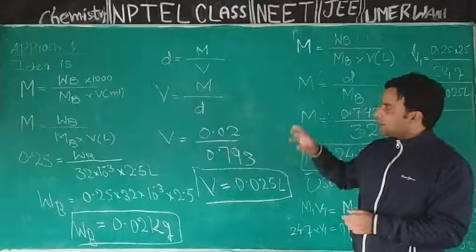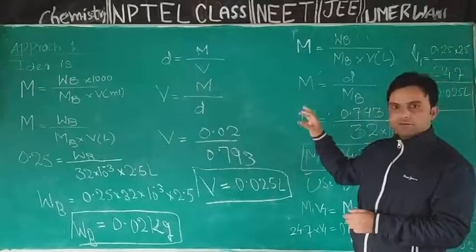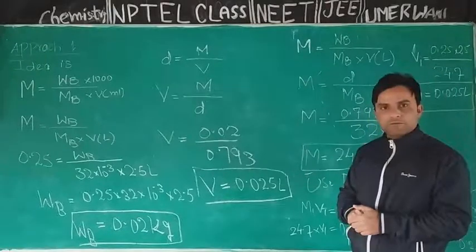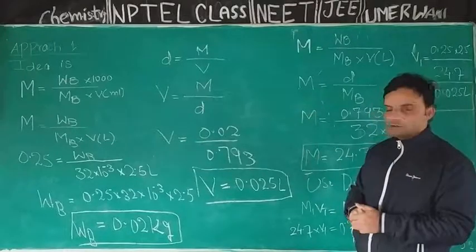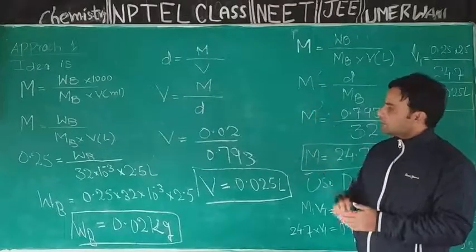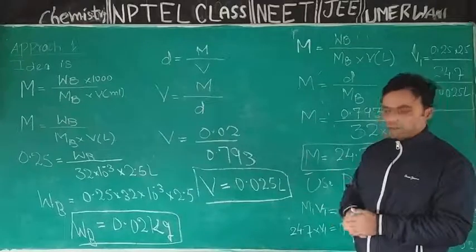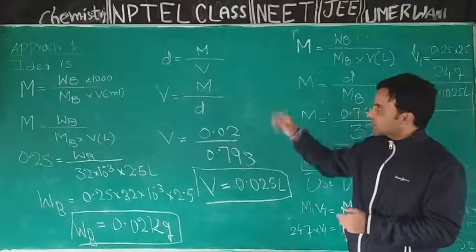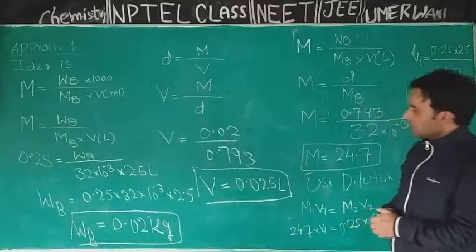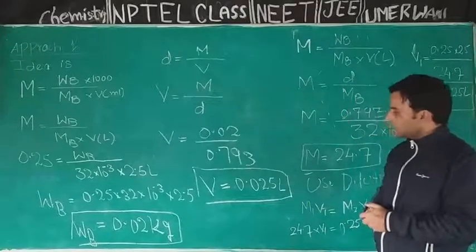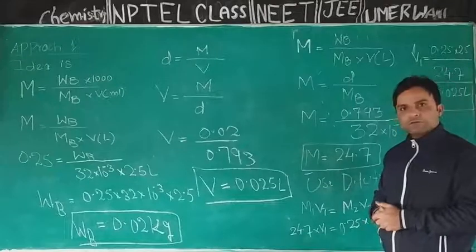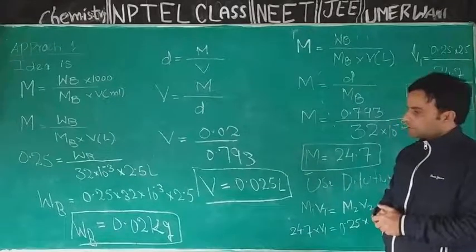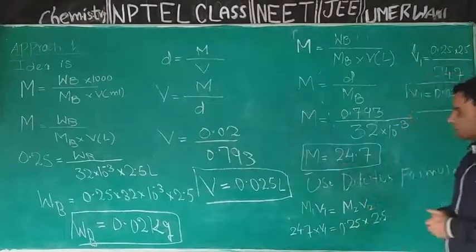Then in second step I used the given value of density. I know density is equal to mass per unit volume. Density is given, mass I calculated already, and using the density equation I got volume of methanol required is 0.025 liter in order to prepare 0.25 molar solution in 2.5 liters.